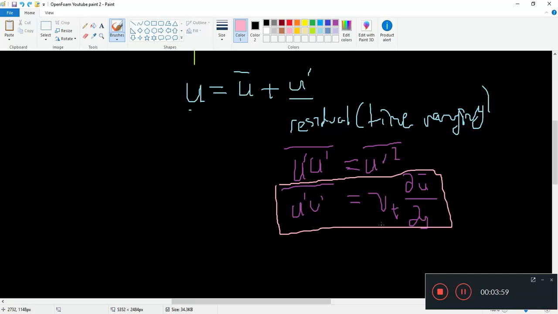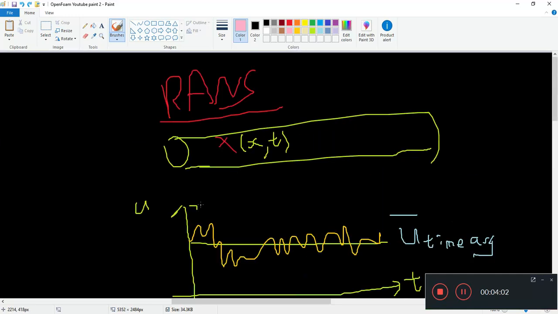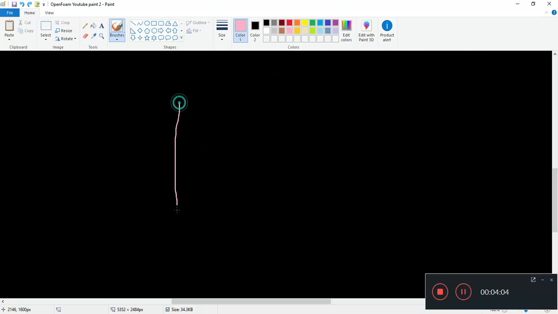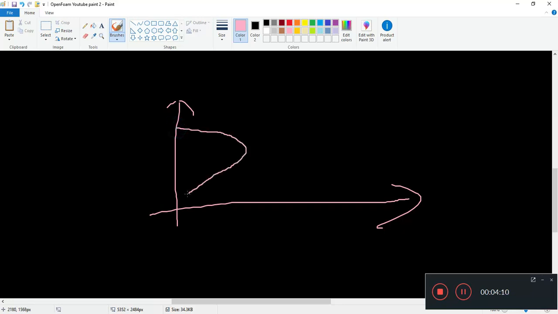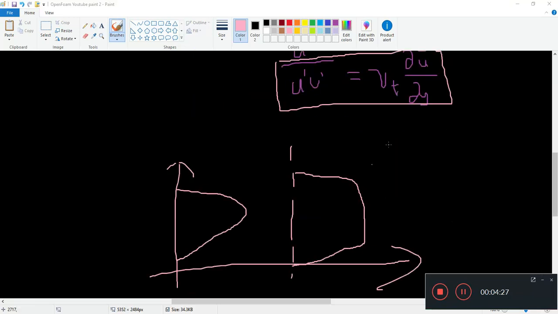It's the so-called apparent viscosity. Laminar flow has a parabolic shape, right? If you have a turbulent flow, your profile is more or less flat. So where does this viscosity show?